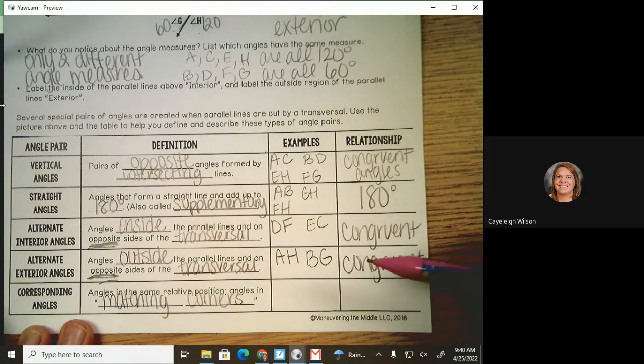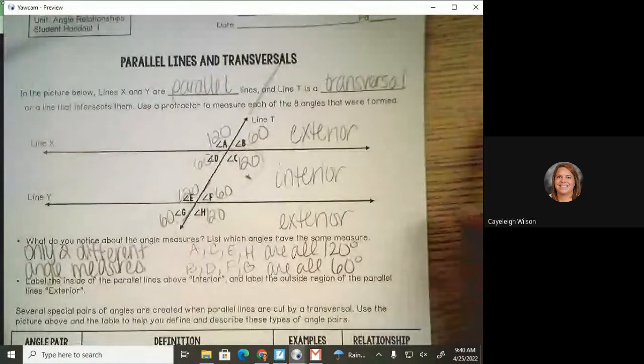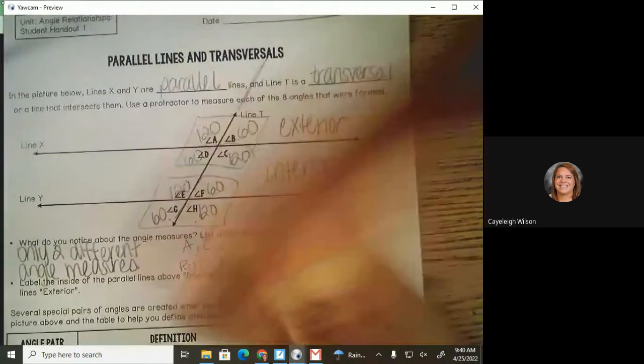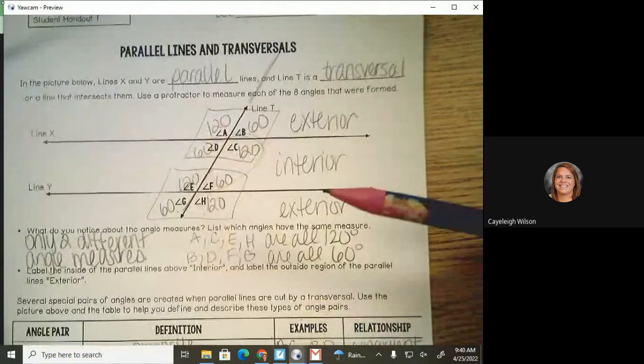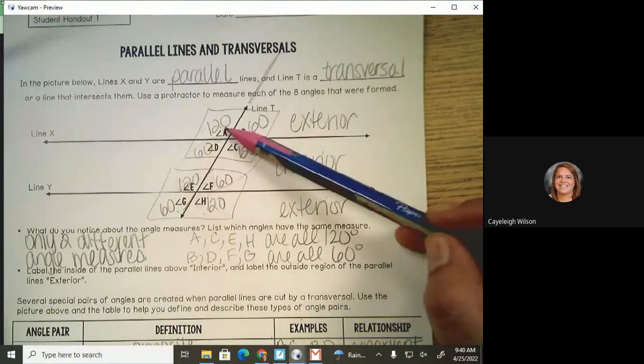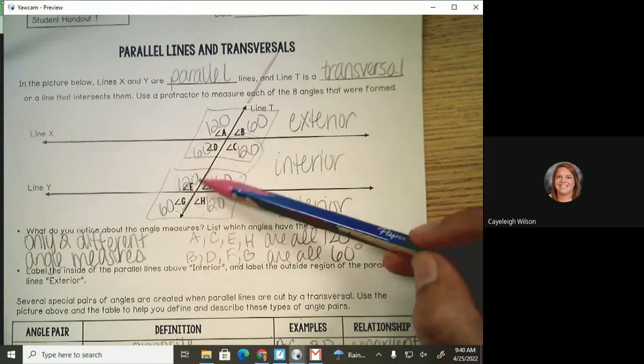So I'm going to go back out to the picture and we're going to talk about corresponding angles. When you look at these corresponding angles, it's like you're looking at this set and this set, okay? So I'm looking for ones that appear to be in the same spot. So A, what other angle appears to be in the same spot as A?